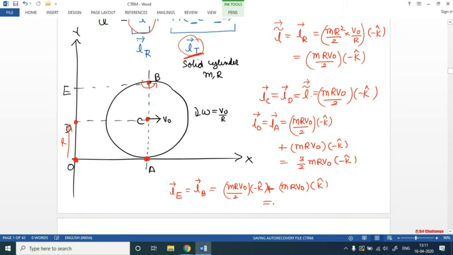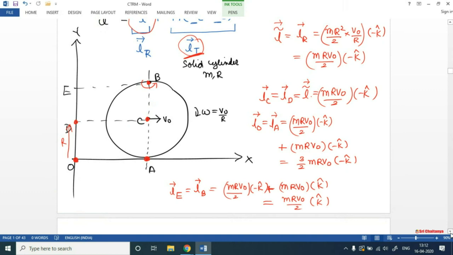Combining them, it will simply give you mrv naught by 2 k cap. So that is how you can find out the angular momentum of any rigid body about an axis passing through center of mass. The idea we have used is, again, the motion can be treated as purely translational motion of its center of mass plus purely rotational motion of the rigid body about an axis passing through center of mass.